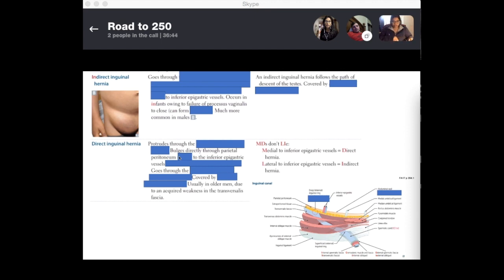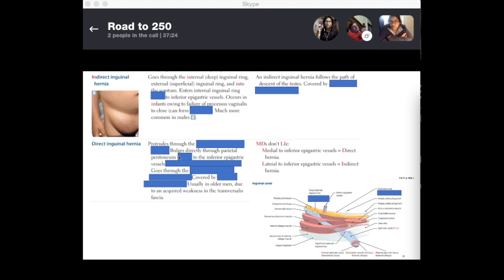Okay, so the inguinal hernias, we talked about there's direct and indirect divisions of these. The indirect one goes through where? Inguinal canal? Yes. So this one will go through the inguinal canal or the inguinal ring and through the external ring and into the scrotum.